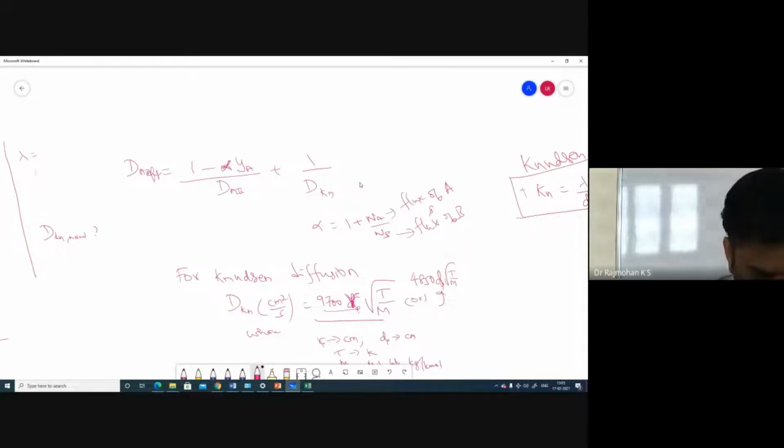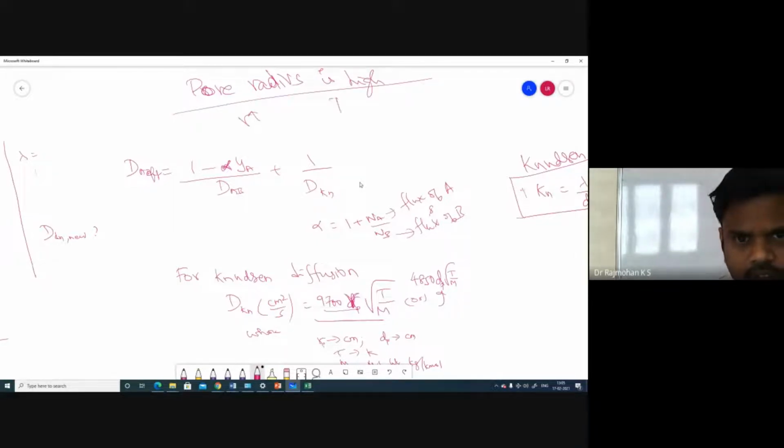So in general, when the pore radius is high, I repeat again, when the pore radius is high, what happens to DKn? It tends to what? 0, 1, infinity, none of the above.